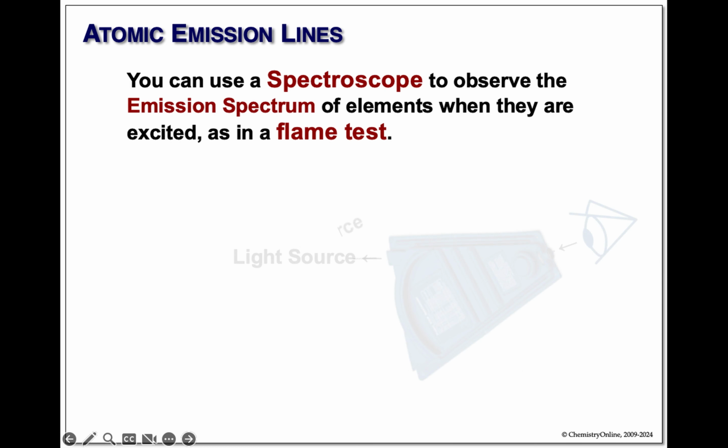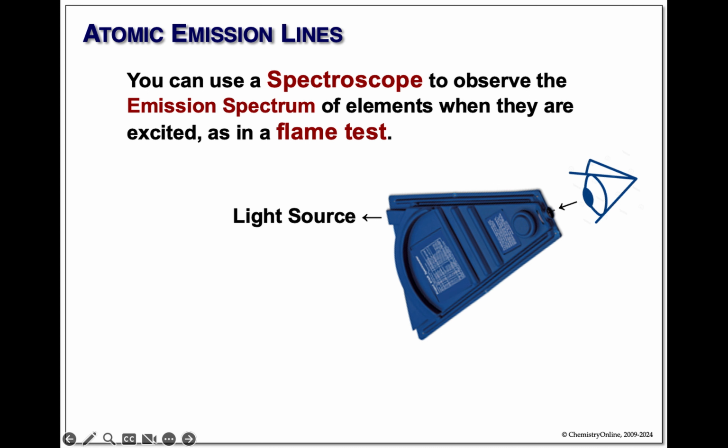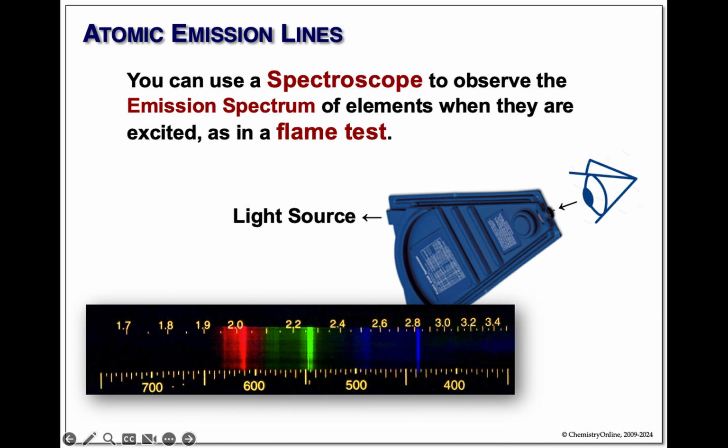You can break down the light from a flame test using what's called a spectroscope. And a spectroscope is kind of difficult to use because you have to look this way while you're pointing it this way. But if you do that, you can see the lines on a little scale down here. For a fluorescent light in the room, you would see something like this.